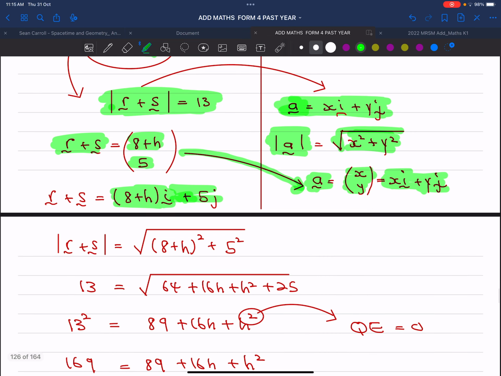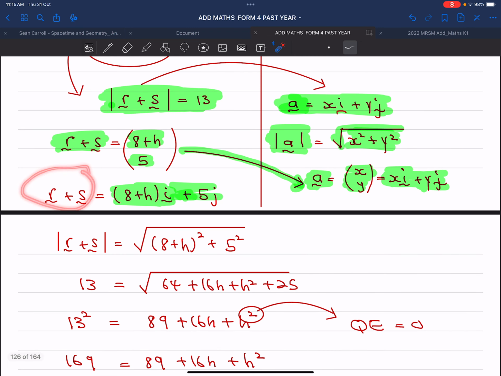Once the vector R plus S is in terms of i and j, we can find the magnitude of the vector R plus S, which is the square root of (8 plus h) squared plus, of course, the 5 squared.